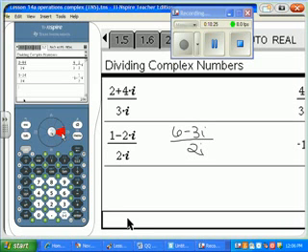Negative 3 over 2 minus 3i. Any problems? Easy? How would you get that if you did it out by hand? It has something to do with how we break it up.